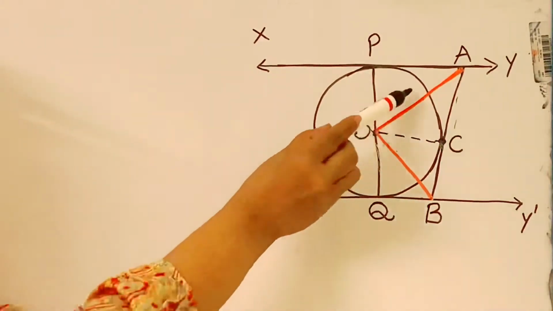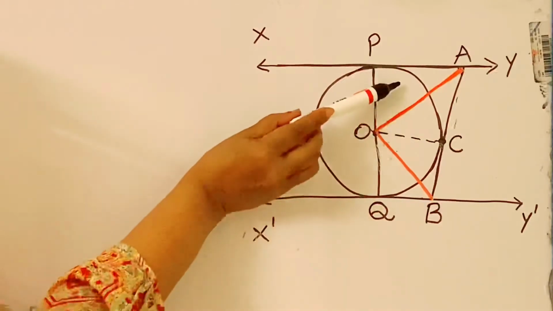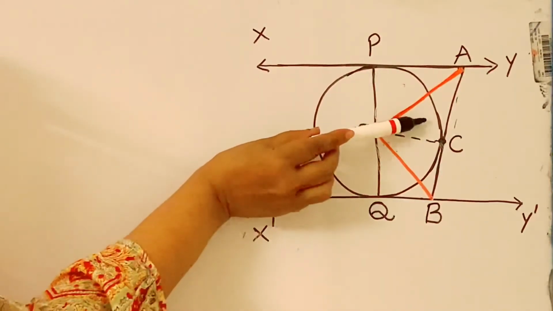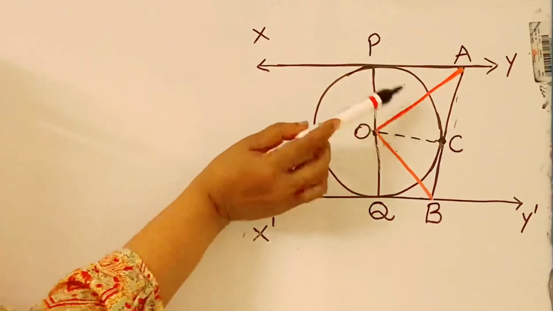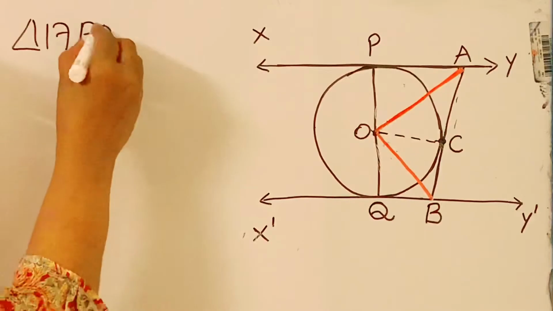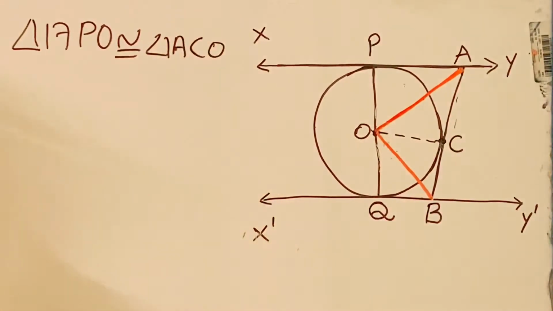Then OA is common to both triangles. That means triangle APO and triangle ACO are congruent by the SSS property.